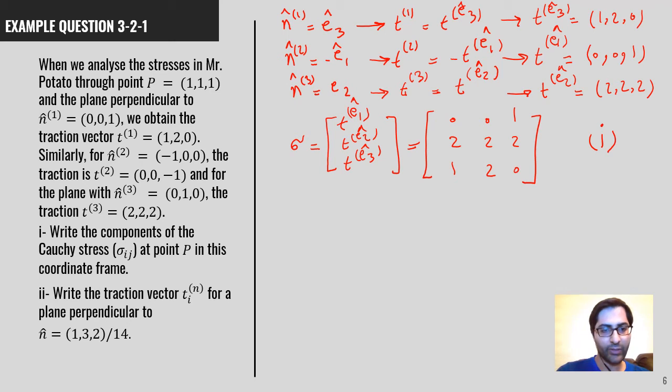Then it asks to write the traction vector, or stress vector, T of n for a plane perpendicular to n equal to 1, 3, 2 divided by square root of 14. We use the Cauchy stress formula, which says that the traction of the plane perpendicular to n is equal to the normal of the plane dot the stress tensor.